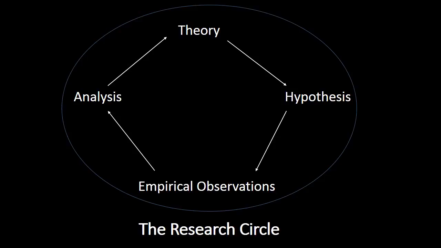A hypothesis, which is a testable prediction about the relationship between two or more variables. Empirical observations, things that you pick out and identify or can label in the social world. And then analysis, things like statistics and qualitative data analysis, where you're analyzing themes from interviews or observations, or using statistics to identify patterns within numerical data.